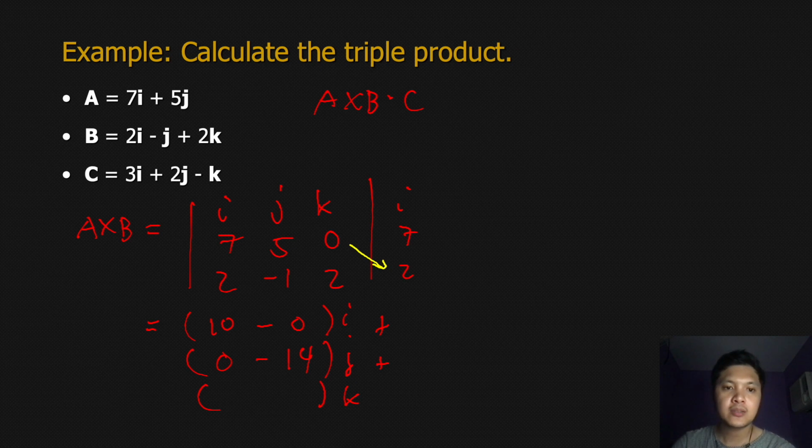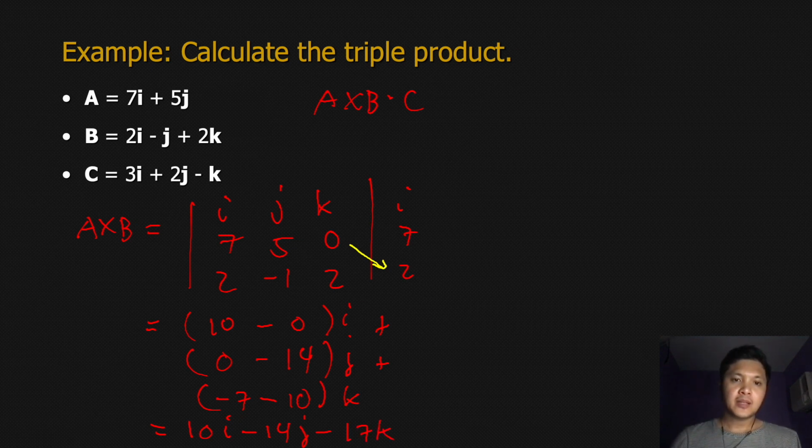So for k, let's disregard this. 7 and negative 1 is negative 7 minus 10. So therefore, our final result for this is 10i minus 14j minus 17k.